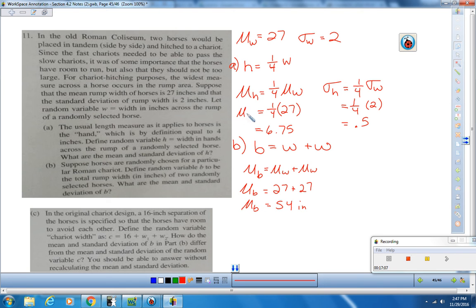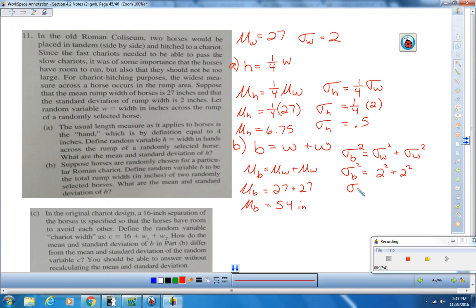I guess I should completely say this, so it looks complete. Okay. Now, the standard deviation of B has to be calculated by using the variance first. So it's the variance of W plus the variance of W. Again, because they're a linear combination of 2 independent horses. Okay. So the variance of B is equal to 2 squared plus 2 squared.